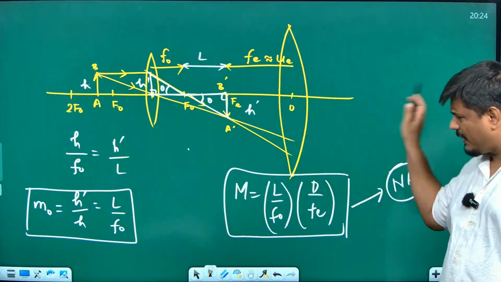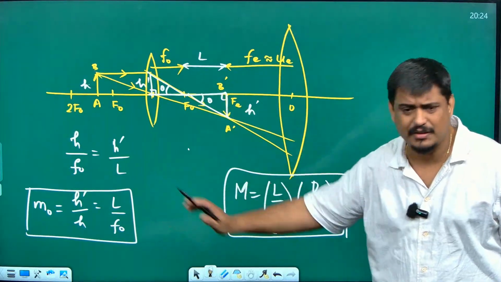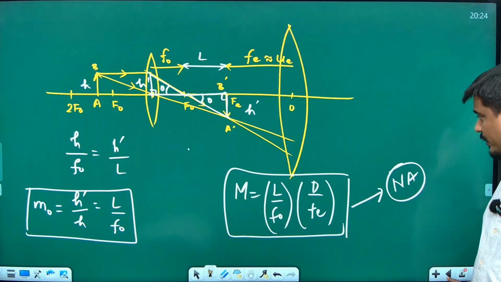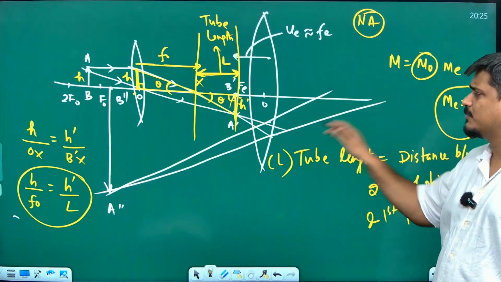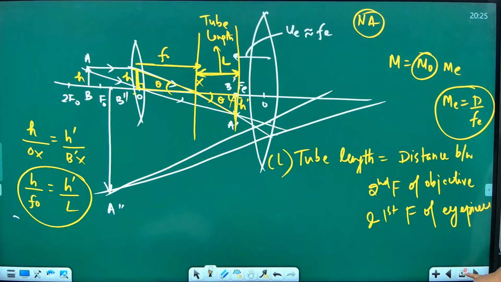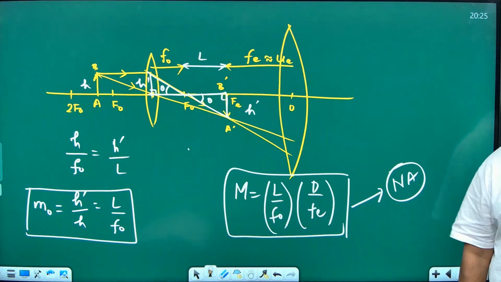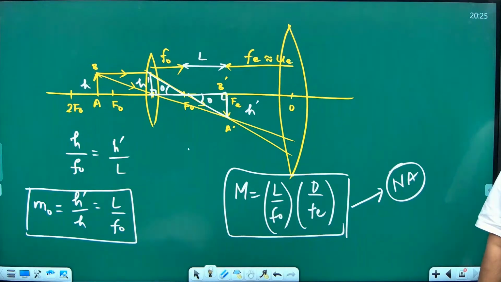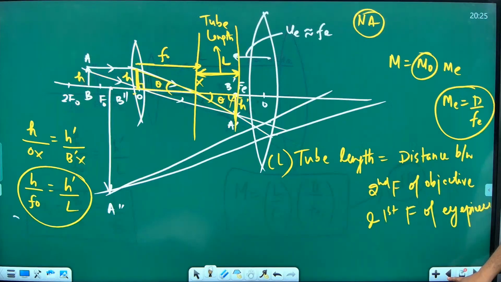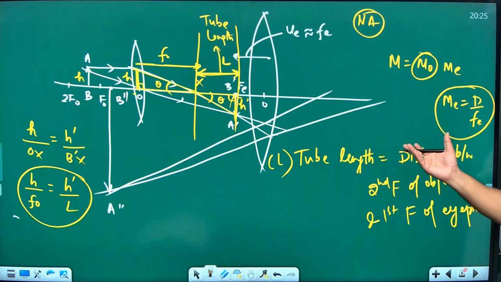After this, if I want to draw, I can draw further and make the image form somewhere there. Like how I have drawn here in this page, I can draw two rays more and make them meet for A double dash, B double dash. If you want, you can draw that also. Is this diagram clear to you? Please copy this. I have rewritten here. Please copy what you want to write.